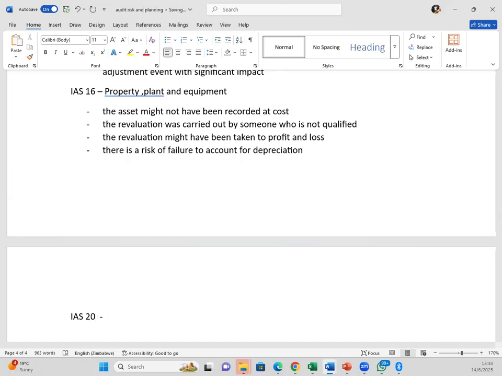IAS 20 tells us how we account for government grants. The grant can be a revenue or a capital grant.